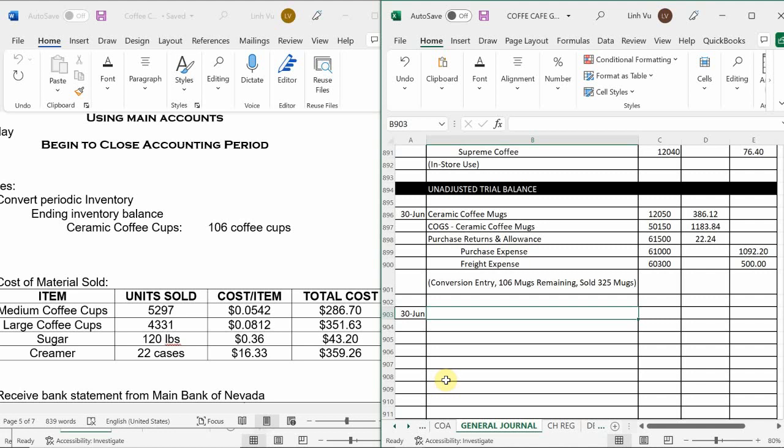The actual inventory, medium cups and large cups. Well, we already established that that is something that we're going to credit out of because we're not going to add to it. We're adjusting that account, so that is going to be something that we are going to record, that we're going to take it away from here. But how are you going to represent that you're going to use it or get rid of it?